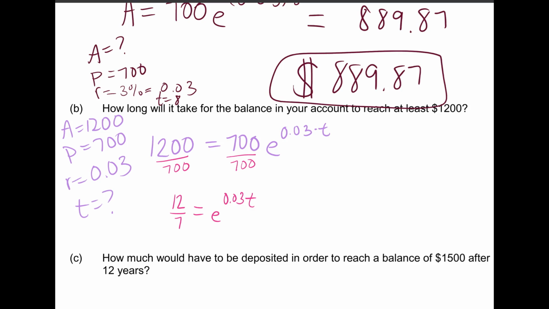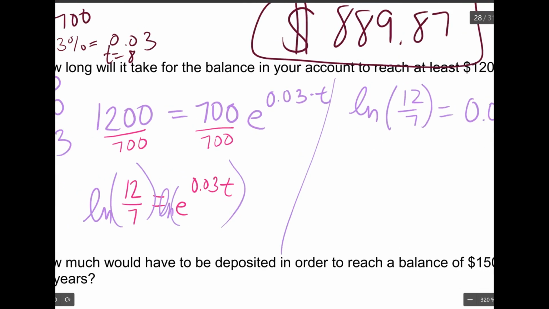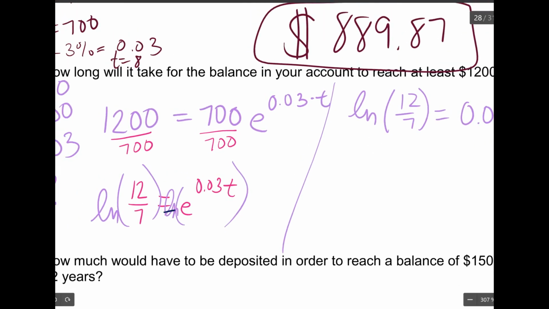How did I get the exponent by itself? ln. Take ln of both sides. So I have ln of 12 over 7 is equal to 0.03t. If I take ln of both sides, this portion cancels out and I'm just left with the exponent, which is what I put over here.